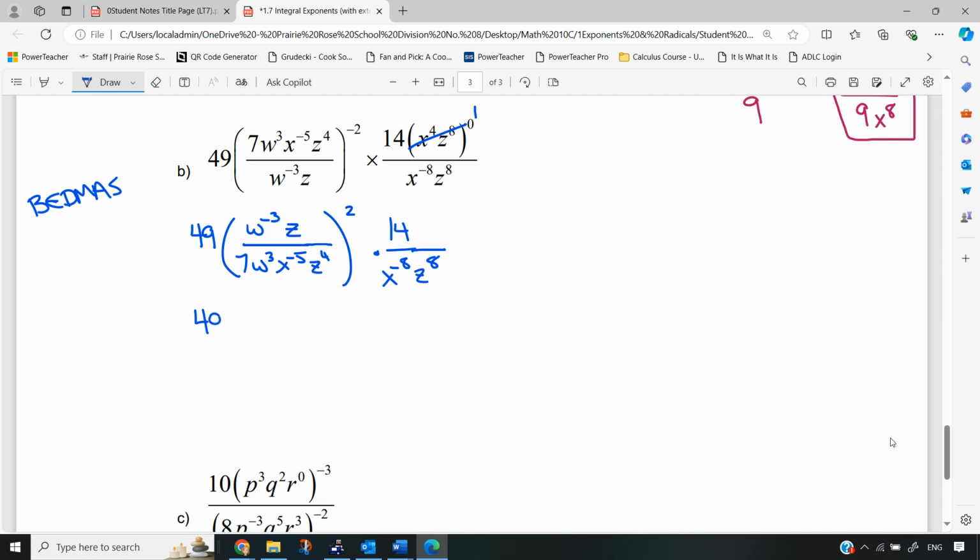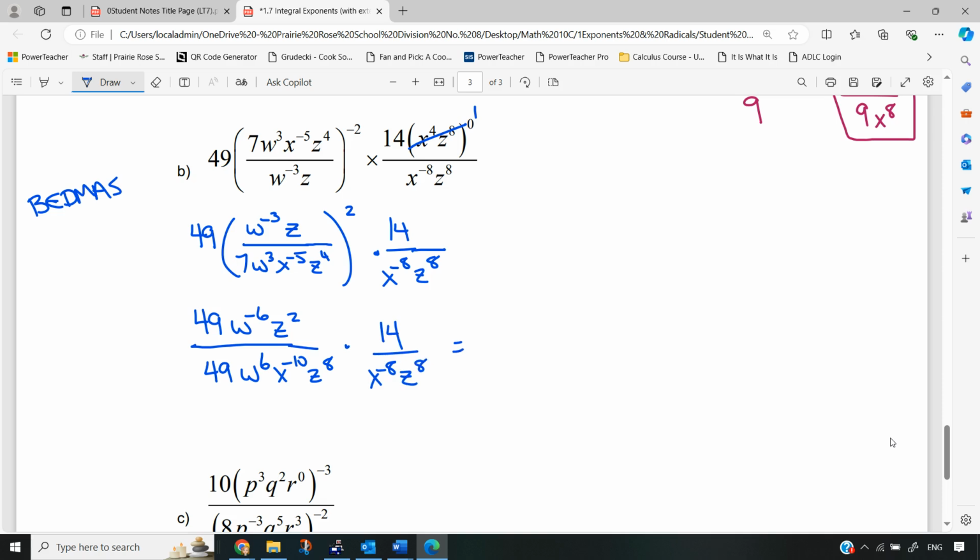So I'm going to have 49 times w to the negative 6, z squared. In the bottom, I have 7 squared, which is 49, w to the 6th, x to the negative 10, and z to the 8. And that's all being multiplied by 14 all over x to the negative 8 and z to the 8th.